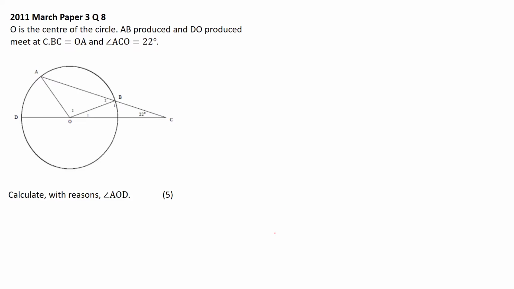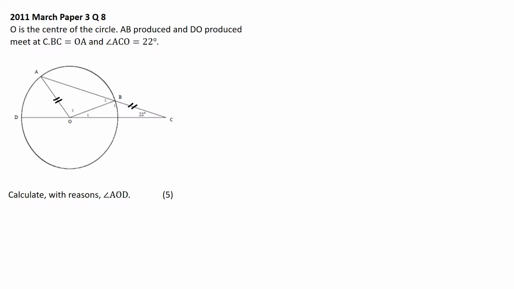O is the center of the circle. AB produced, DO produced to meet at C. BC is equal to OA. That's fine. Let me just put my two strokes here. And then you've got angle OCO as 22. So that's fine.